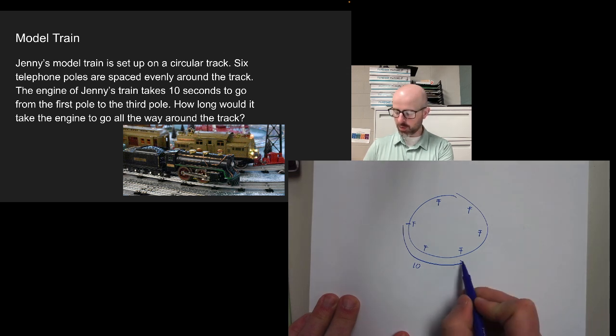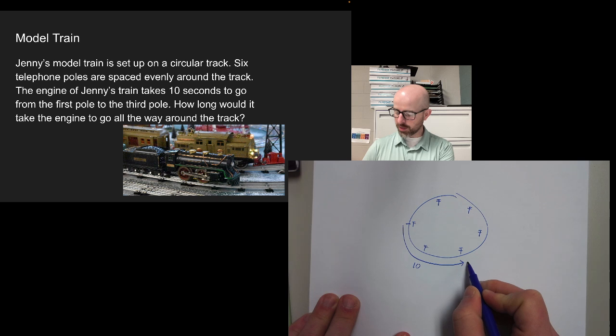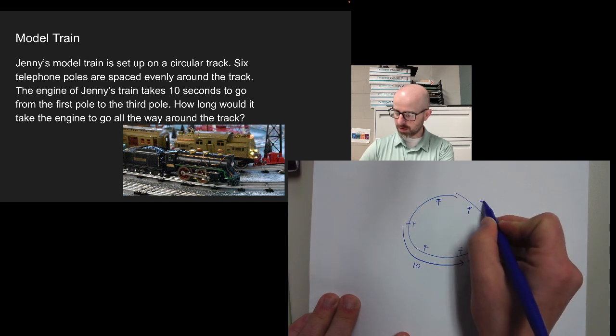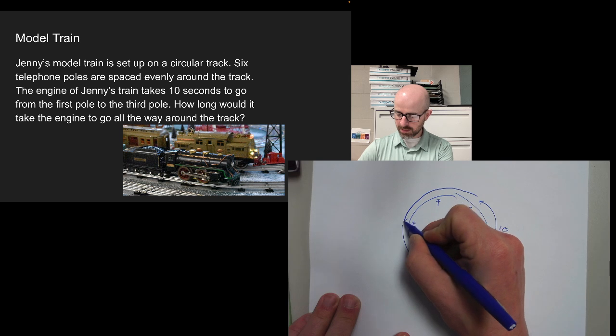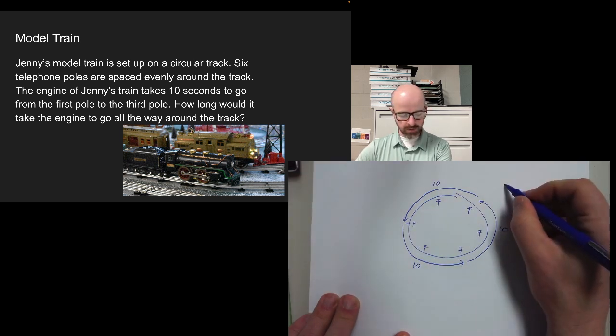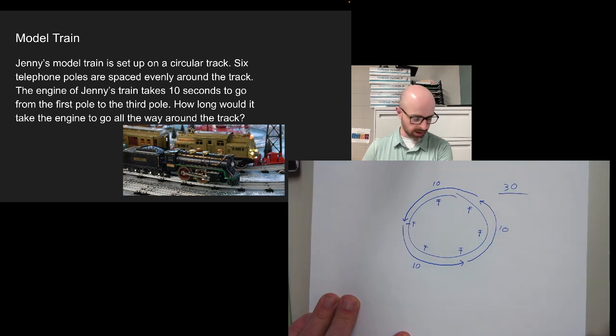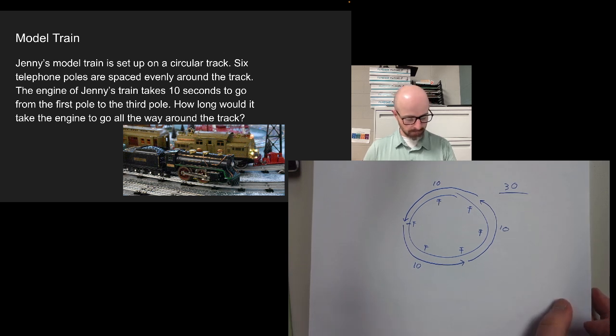So now, to go the same distance, look how much more distance I have. To go the same distance, there's another 10. To go the same distance, there's another 10. So this actually takes 30 seconds to get all the way around the track.